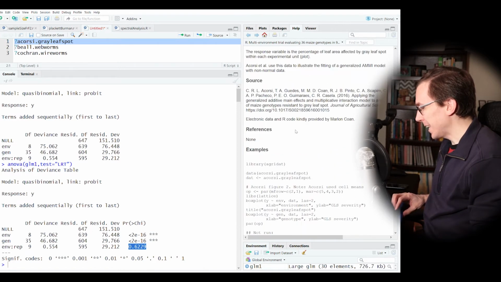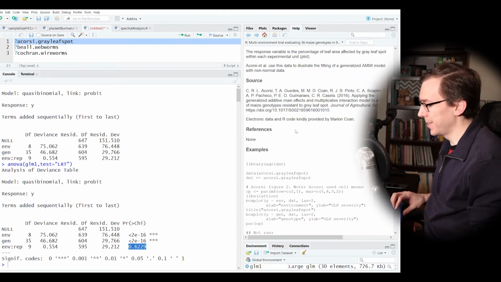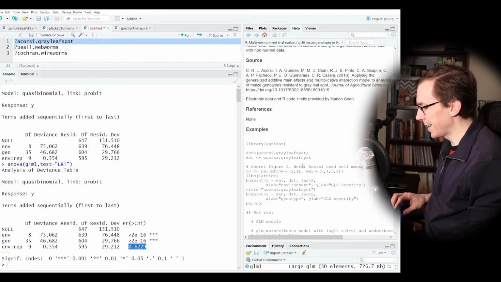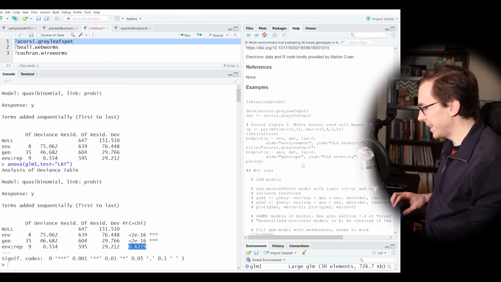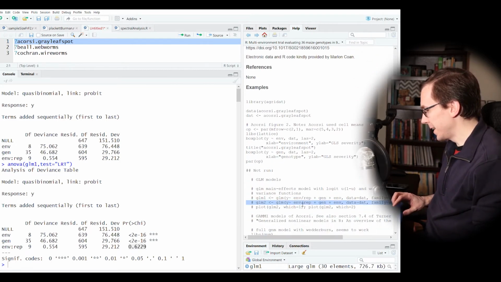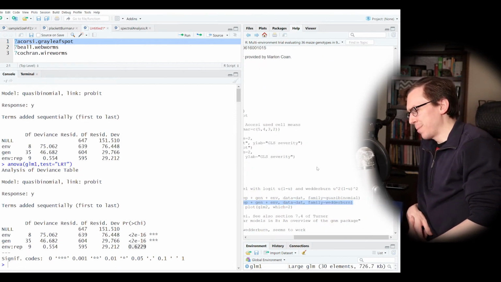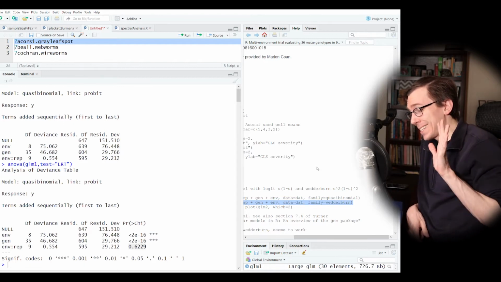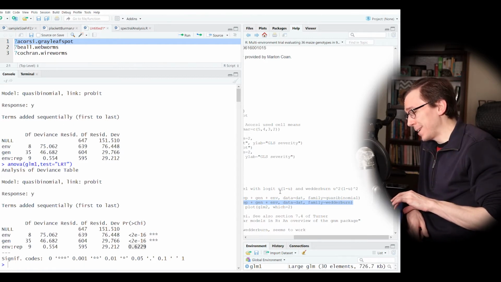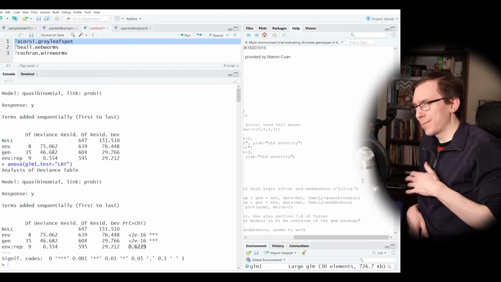If you are reading the source code, or the example code, I should say, for this leaf data set, you will notice that they fit another model here using something called Wedderburn, I guess. I'll be honest, I'm not actually that familiar with this one, but if you see here what they have for what logit looks like, the Wedderburn looks like it's the same thing, but squared.